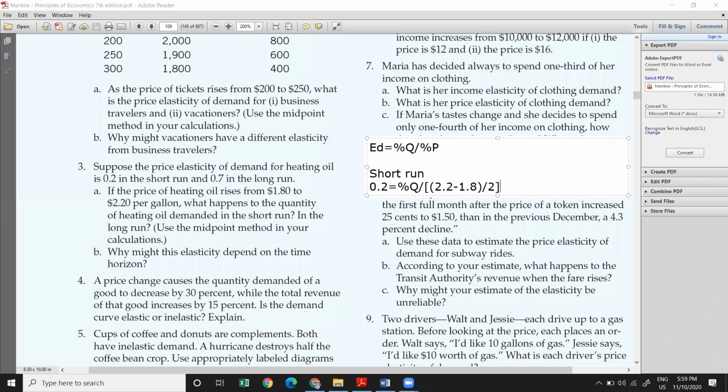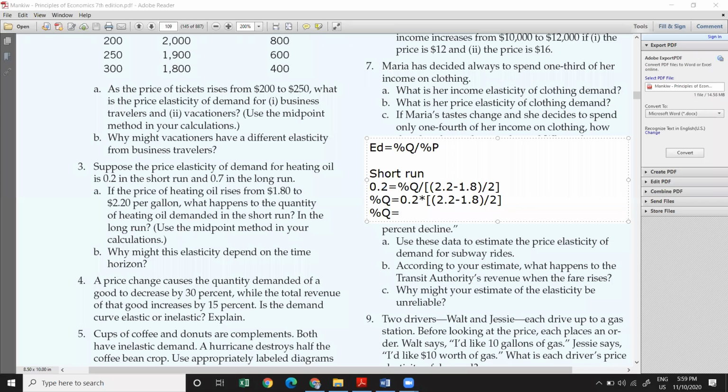So what I do here is very straightforward. You just rearrange everything. So the percentage change in the quantity is equal to 0.2 times this part. Okay, and that will give you the percentage change in quantity.